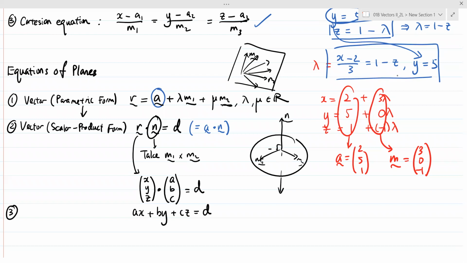Okay, and this is the Cartesian equation. This qualifies as a Cartesian equation because remember, Cartesian equation means what? Comprising only x, y, z, no other variable involved. So that's like y equals mx plus c. It's called the Cartesian equation of a line. All right.